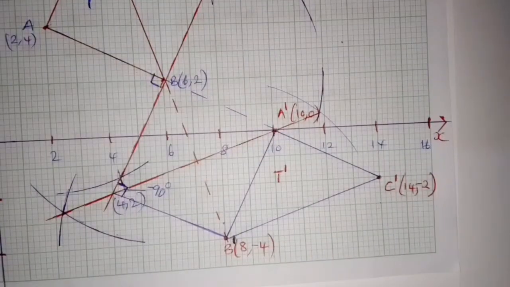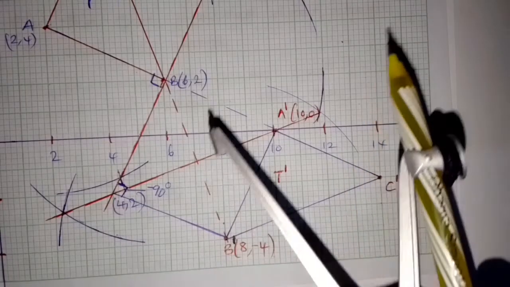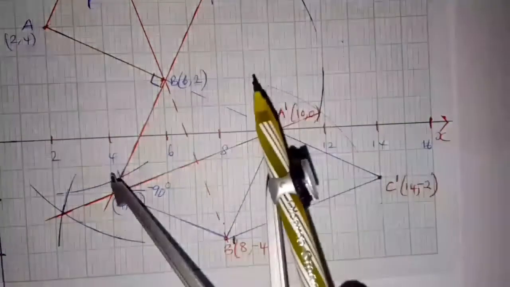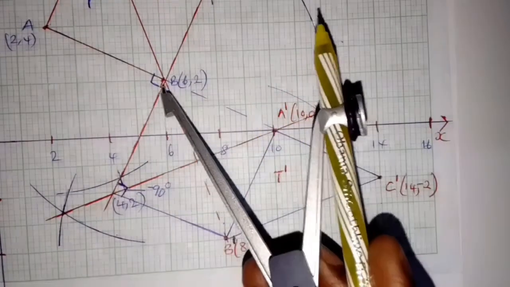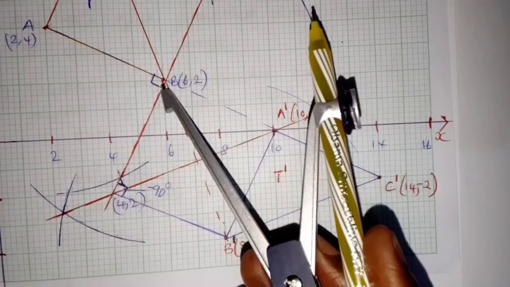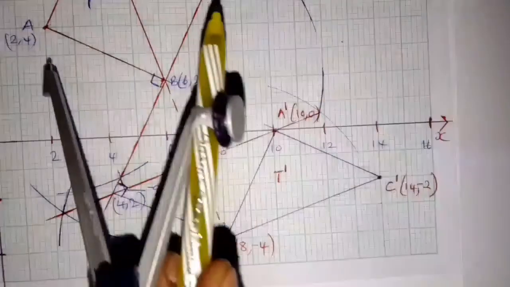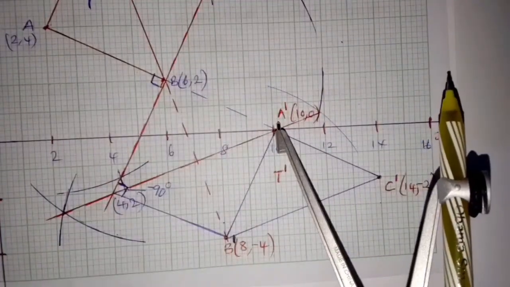After drawing it, we join this point to this point, and it gives us 90 degrees here. That means that this line is perpendicular to A A prime.